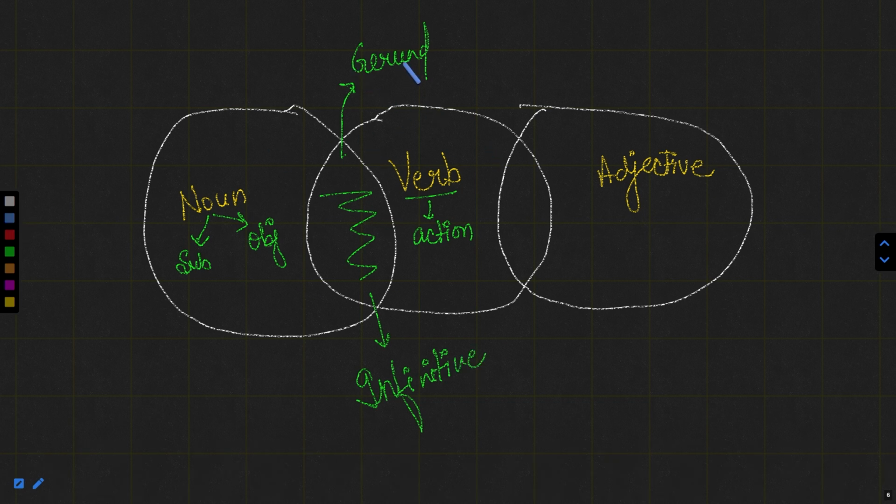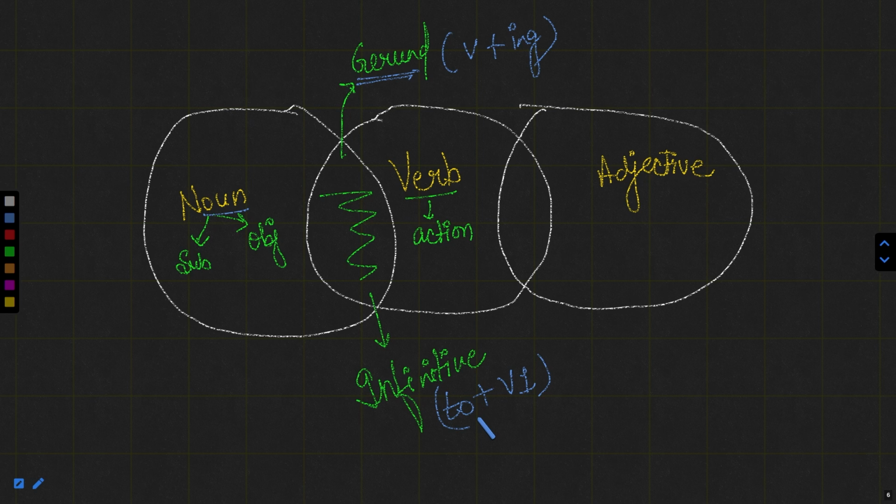Suppose there is a verb which has ing after it as a suffix. It means if there is a word that is verb plus ing and it is behaving like a noun, it is known as gerund. But if it has a structure of to plus verb 1, suppose there is a verb before which we have the preposition to, so we have the structure of to plus verb 1, but that is not behaving as a verb.